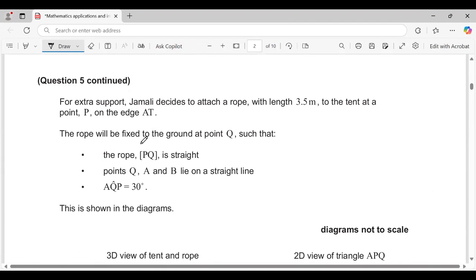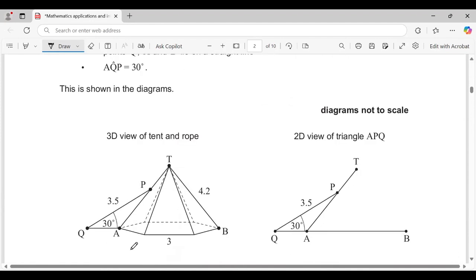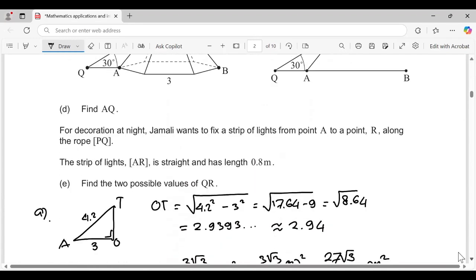The rope will be fixed to the ground at point Q such that the rope PQ is straight. Points Q, A, and B lie on a straight line. Angle AQP equals 30 degrees. This is shown on this diagram. Find AQ.